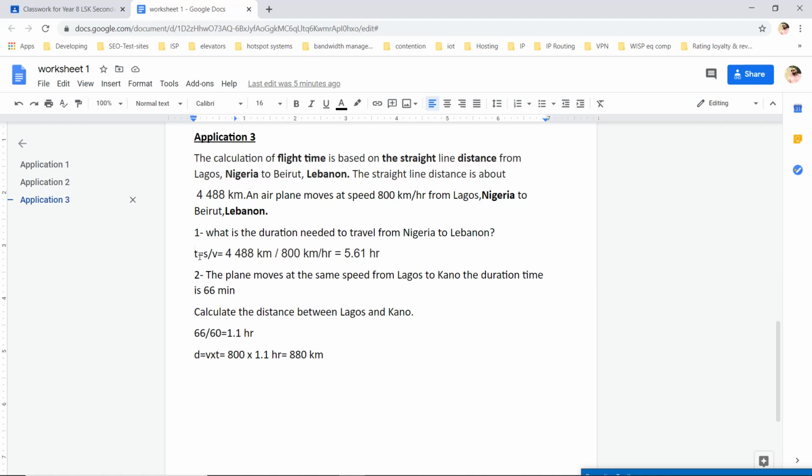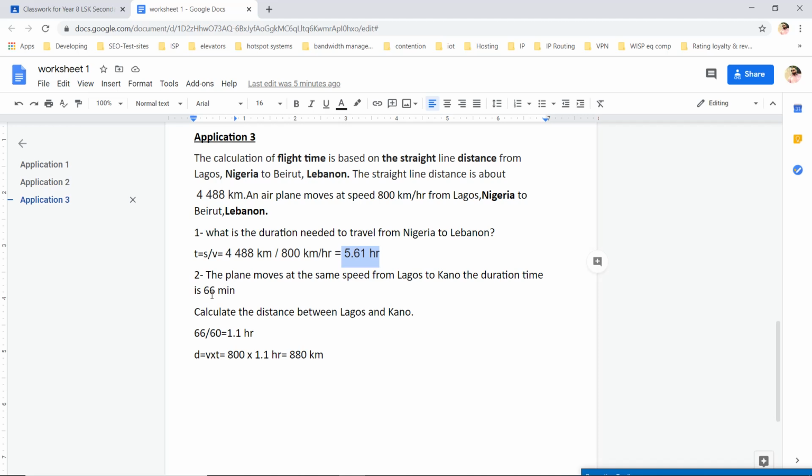I need the rule first. Then after the rule, I need the numbers and the units. After the numbers with the units, I need the final result with its own unit. So t is equal to distance divided by v. I put the value of distance, I put the value of the speed, and I calculated. I got 5.6 hours.